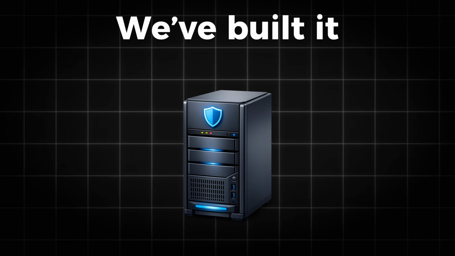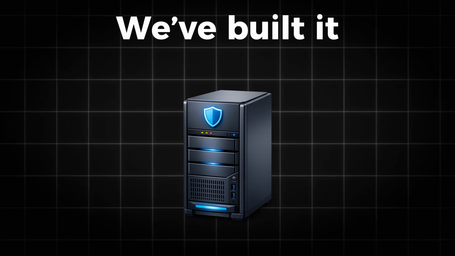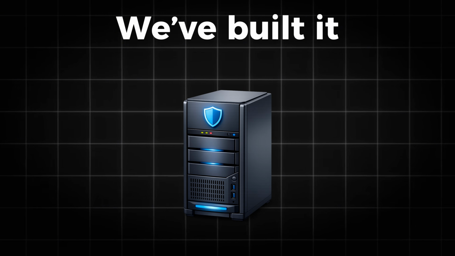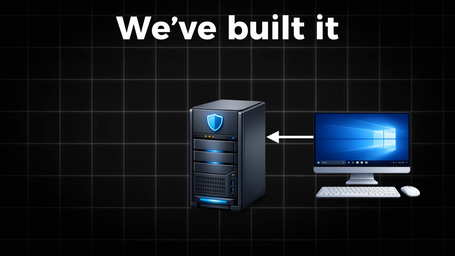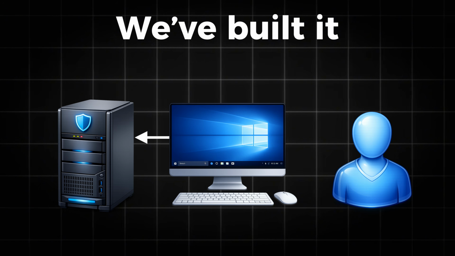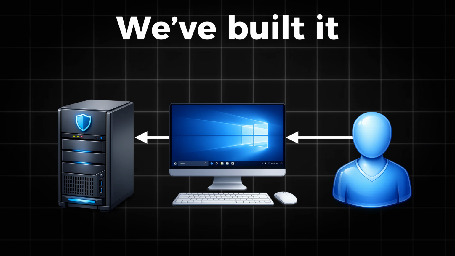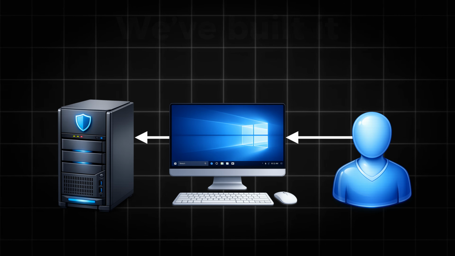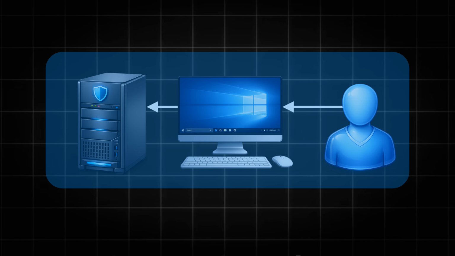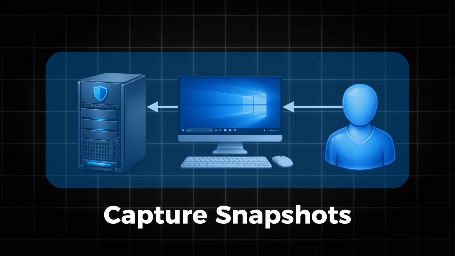We've now built a complete Active Directory domain from the ground up. We have a functioning domain controller running DNS and authentication services. We have a Windows 10 workstation successfully joined and authenticating. We have a test user account that can log into domain machines. Everything is working exactly as it should. Before we proceed to security hardening, capture the current state with snapshots.